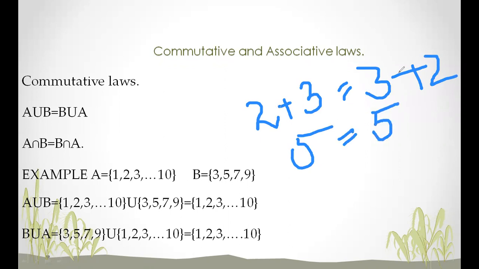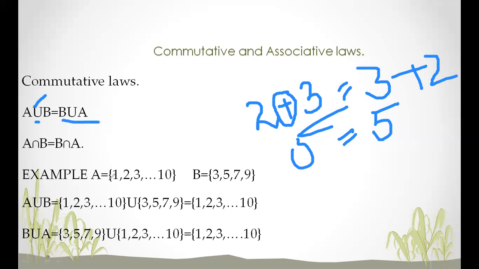So changing the position of the numbers in addition has no effect, and it has the same answer. This law is called the commutative law of addition. Similarly, this law applies to union, because as addition is an operation on numbers, union is also an operation on sets. So A union B is equal to B union A.